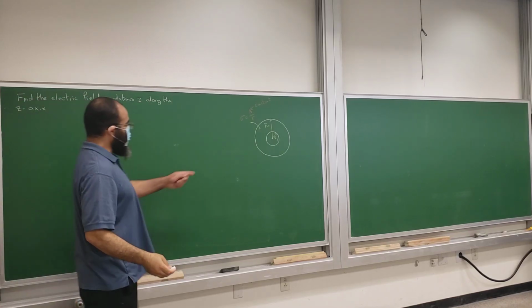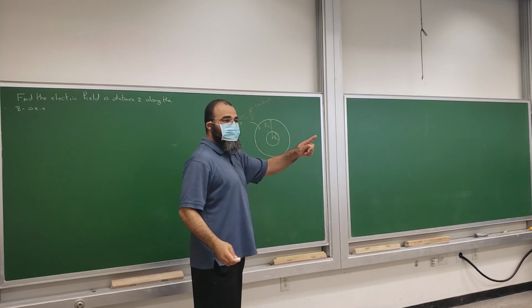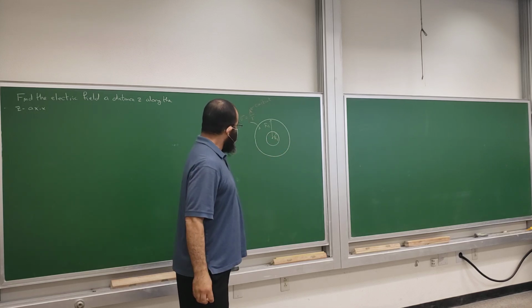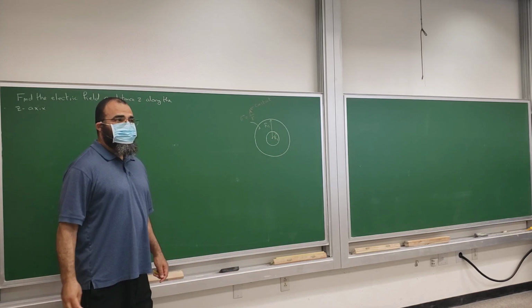The z-axis is the axis of the disk, this one. Any suggestions on how to do that?